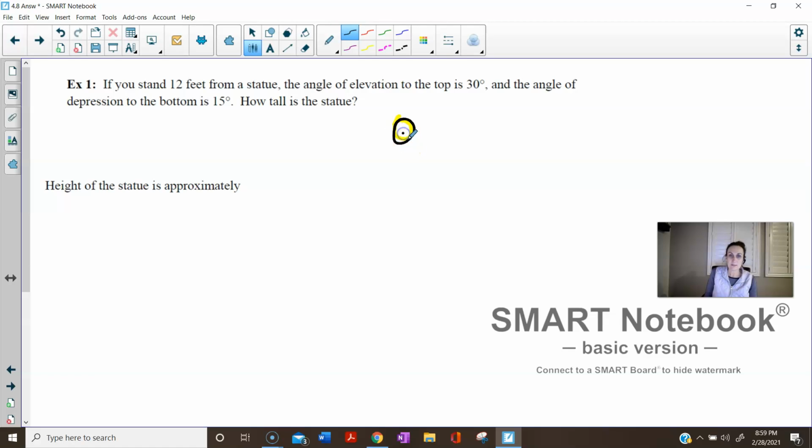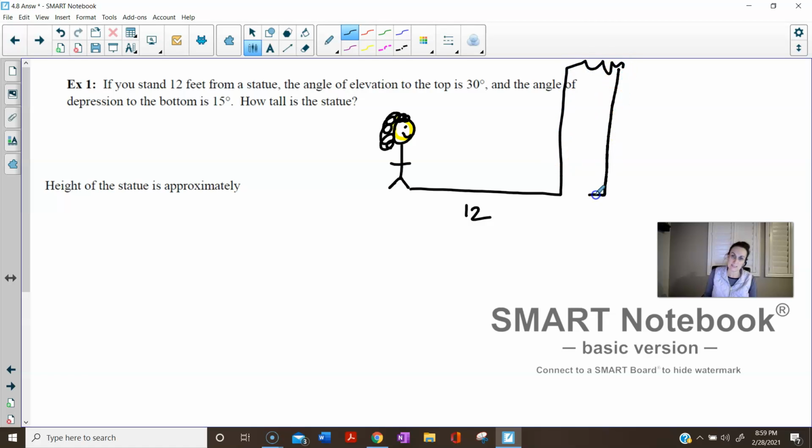And so here's my person, and they are standing here, and they're 12 feet away from a statue. And then here is my statue. There's the statue. And so from the horizontal, here's the horizontal.